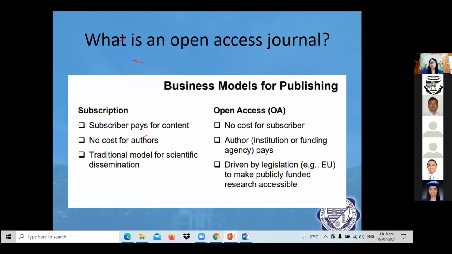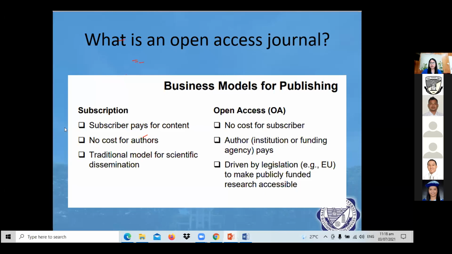For me, as much as possible, I want my papers to be published in open access journals for a wider audience. Of course, if it's not open access, then you have to pay to access that journal.